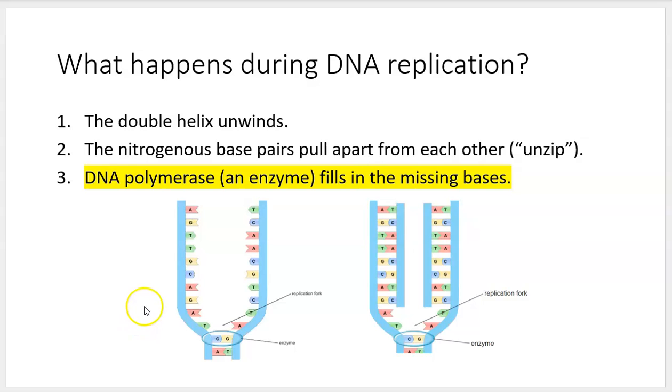So let's look here at this one, G. This is guanine, and DNA polymerase will come in and bring in a cytosine to match it. And then we have adenine here. DNA polymerase will kind of taxi in or ferry in a thymine to match it. Here we have cytosine. DNA polymerase will bring in a guanine to match it.